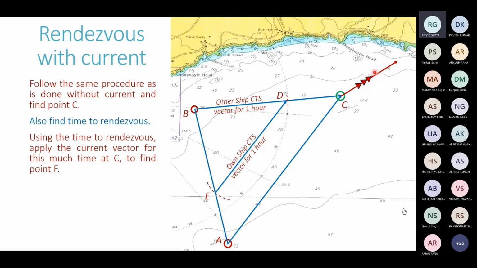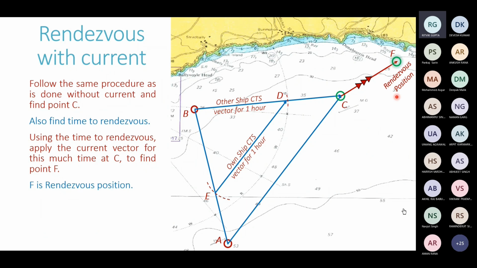Wherever this current vector ends, let's name that point F. This point F is our rendezvous position in this question. So we have obtained our rendezvous position.